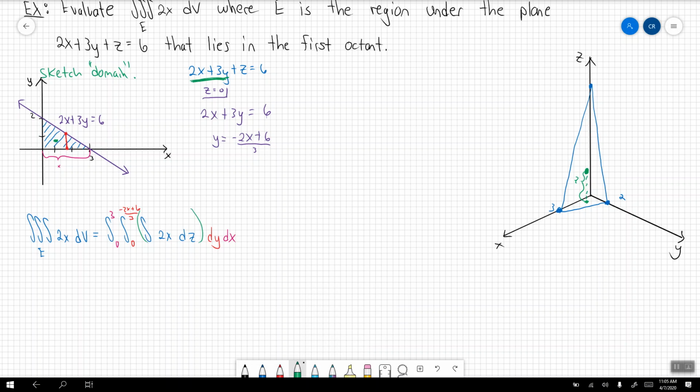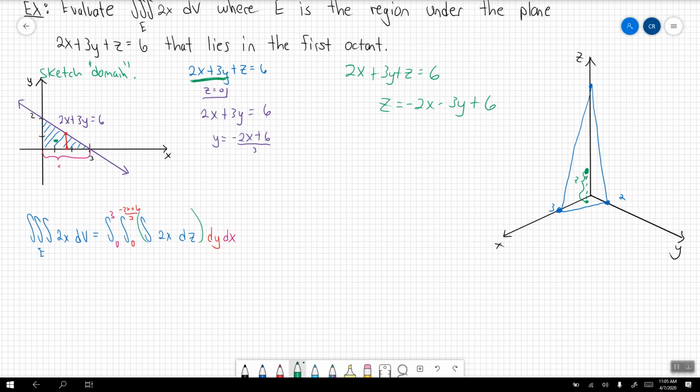That's actually good because the equation of the plane that we have is 2x plus 3y plus z is equal to 6, which means any z value can be thought of as negative 2x minus 3y plus 6.